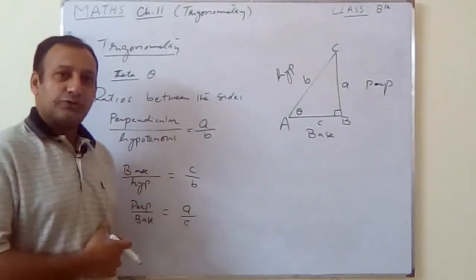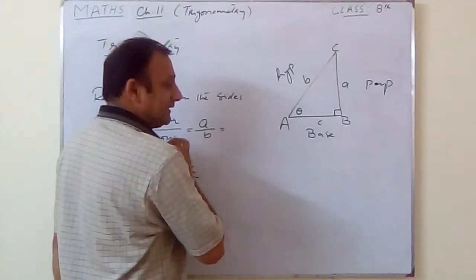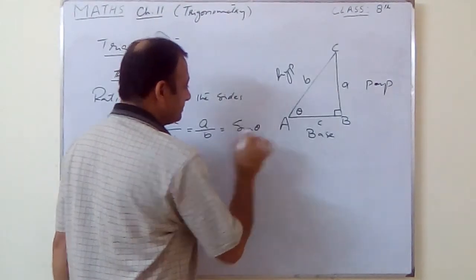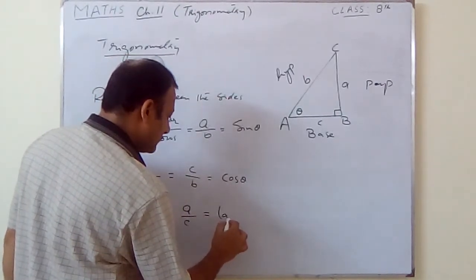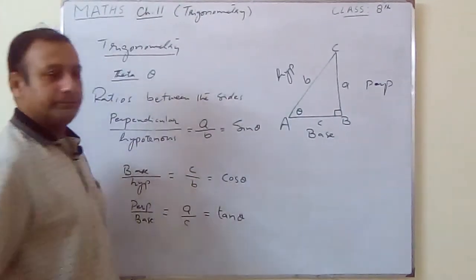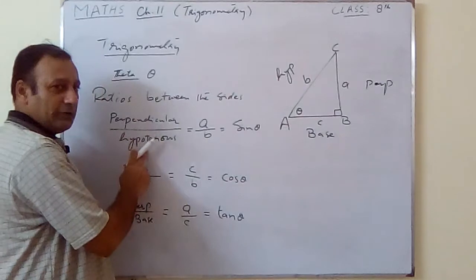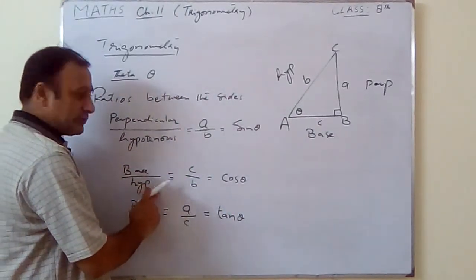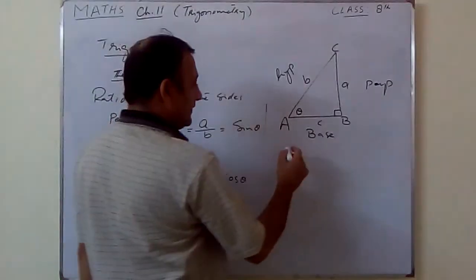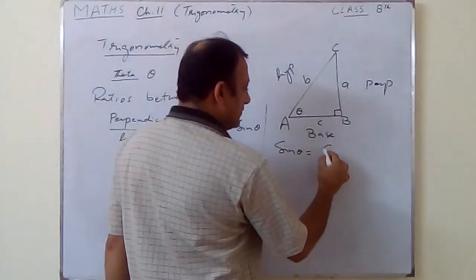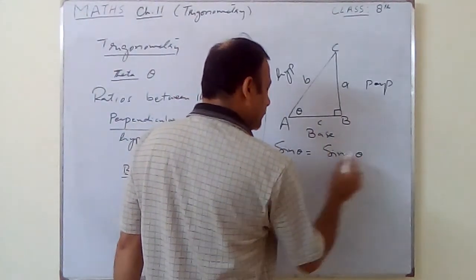So these ratios have specific names. Perpendicular over hypotenuse is sine theta, base over hypotenuse is cos theta, and perpendicular over base is tan theta. Basically sin theta is S-I-N-E, sine, which we write S-I-N.